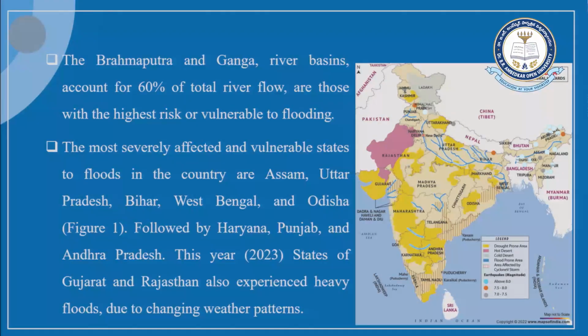Most vulnerable states of flooding in the country are Assam, Uttar Pradesh, Bihar, West Bengal, Odisha, followed by Haryana, Punjab and Andhra Pradesh. In 2023, the states of Gujarat and Rajasthan also experienced heavy floods due to changing weather patterns or climatic changes.